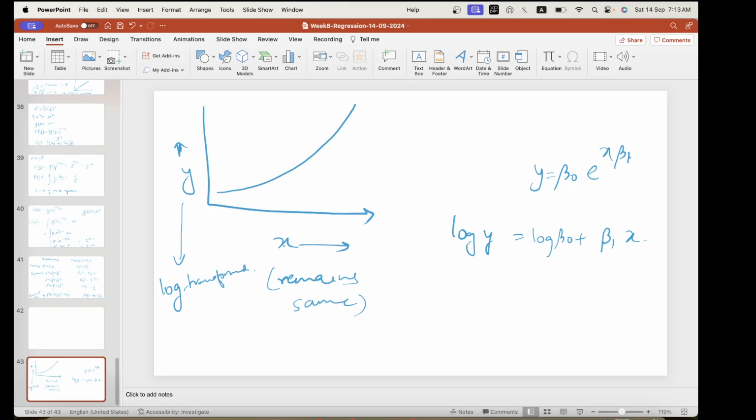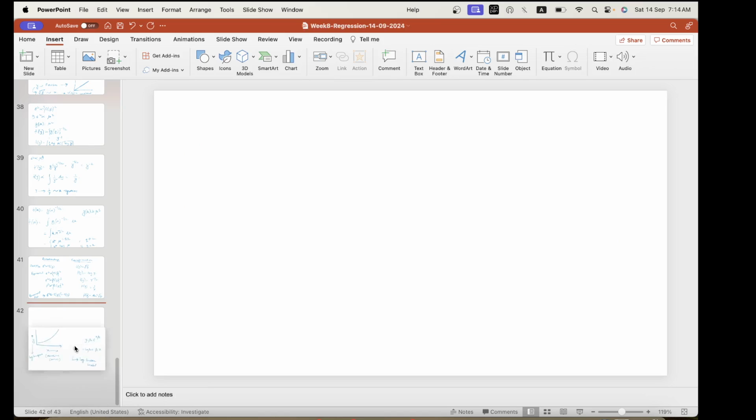These sorts of models are known as log linear models. The next use case that we learned was this.